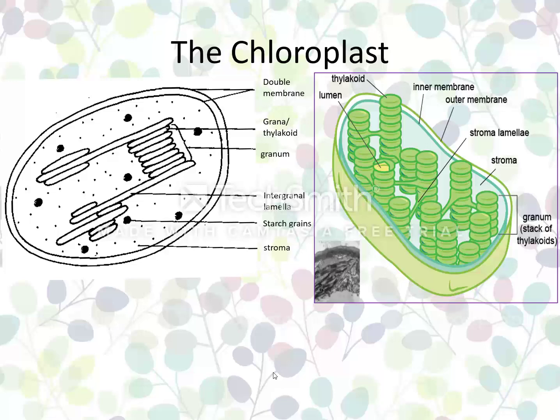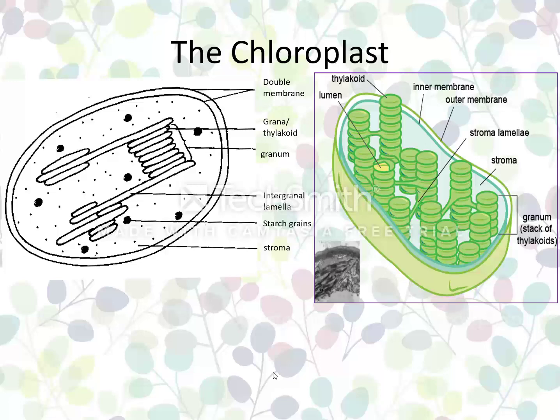Then you will also see starch grains. Now remembering that the chloroplast is responsible for the production of glucose, and if glucose is made, it's going to be stored as starch. So we're going to find starch grains within the chloroplast.